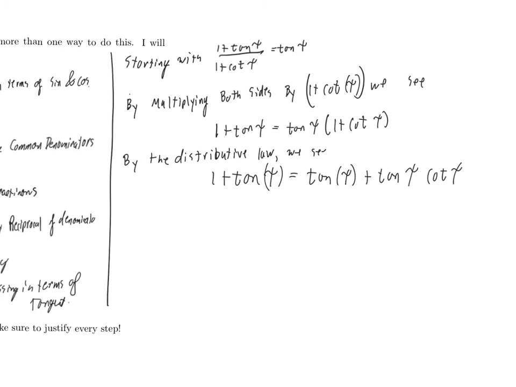And some things to notice. That makes me happy. I see tangent equals tangent. Tangent and tangent, those are good. Now I just need 1 to be equal to tangent times cotangent. Why should that be true? Well, I know what cotangent is in terms of tangent. Because cotangent psi is equal to 1 over tangent of psi, right?